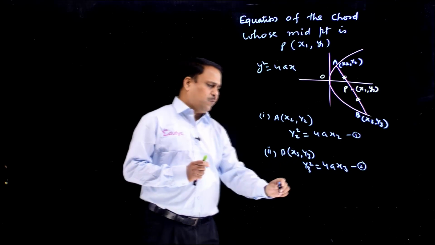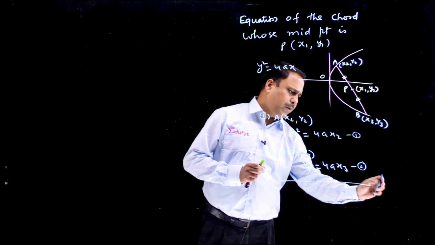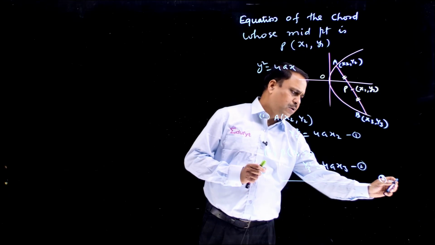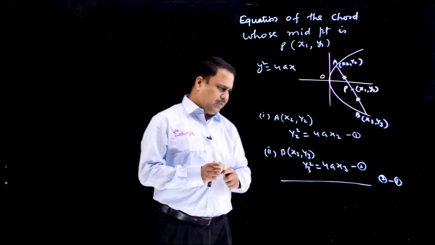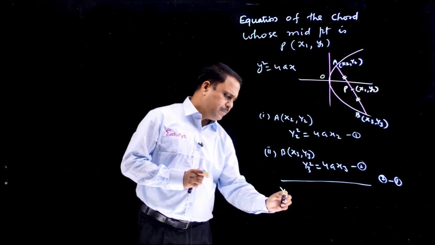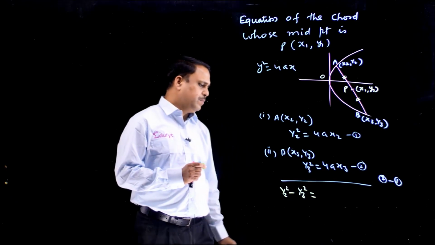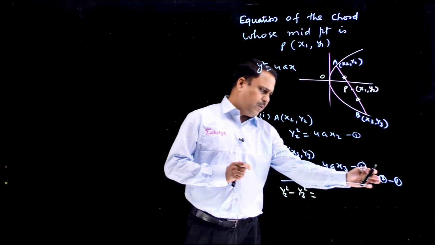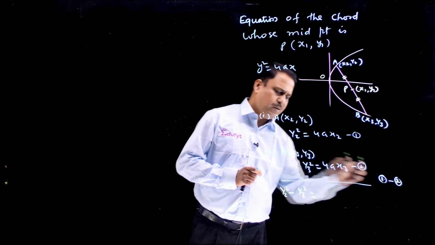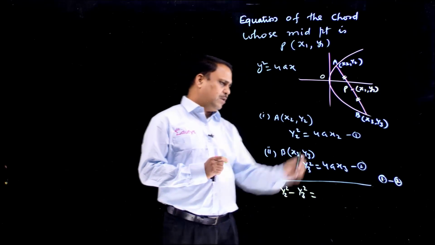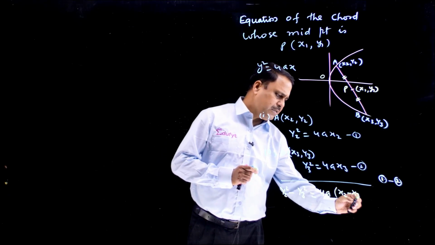So if I subtract both, I will take equation number 2 and subtract equation number 1. So I will get y2 square minus y3 square is equal to 4a into (x2 minus x3).